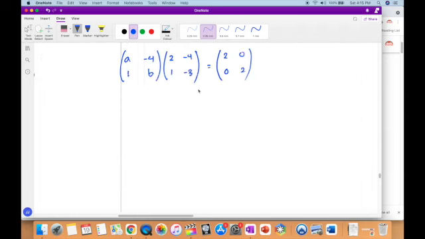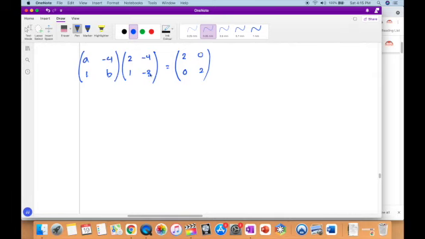Yeah? So I know that if I multiply this, A times 2 and negative 4 times 1, I am supposed to get this here. I'm taking this and multiplying it by this, and I'm supposed to get that.